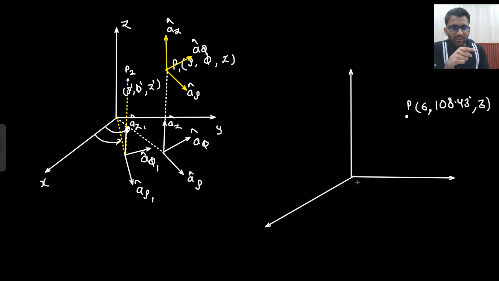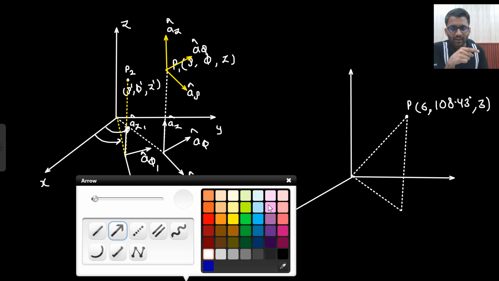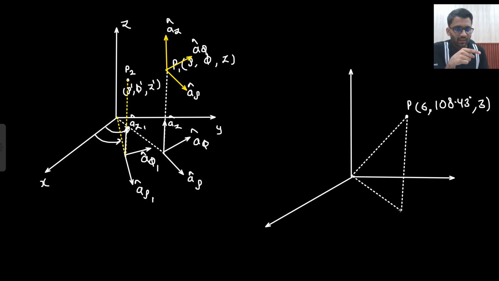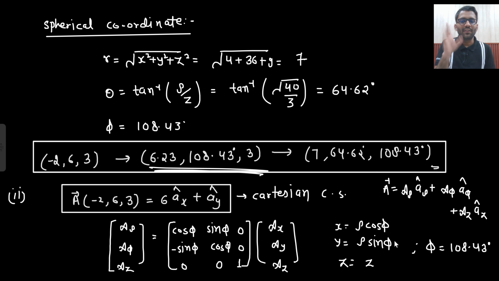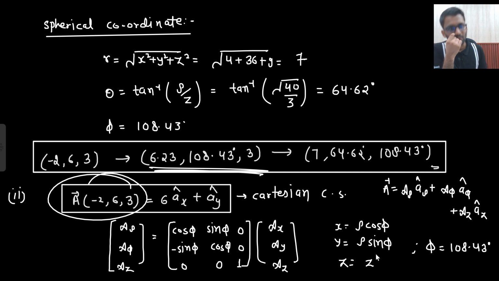You see this point, and then with respect to this particular point, you define your rho, phi and z, and then you let me know the direction of a rho, a phi and az. With respect to these directions, you let me know how your vector a will look. So this is the meaning of this point.